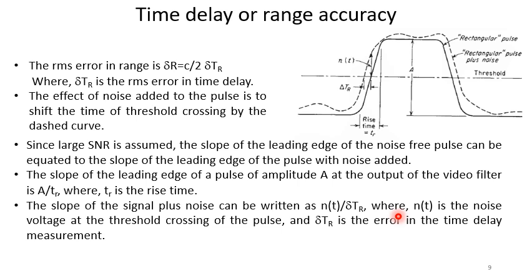The slope of the leading edge of the pulse of amplitude A at the output of the video filter is A by TR, where TR is the rise time. The slope of the signal plus noise can be written as NT by delta TR, where NT is the noise voltage at the threshold crossing of the pulse and delta TR is the error in the time delay measurement.